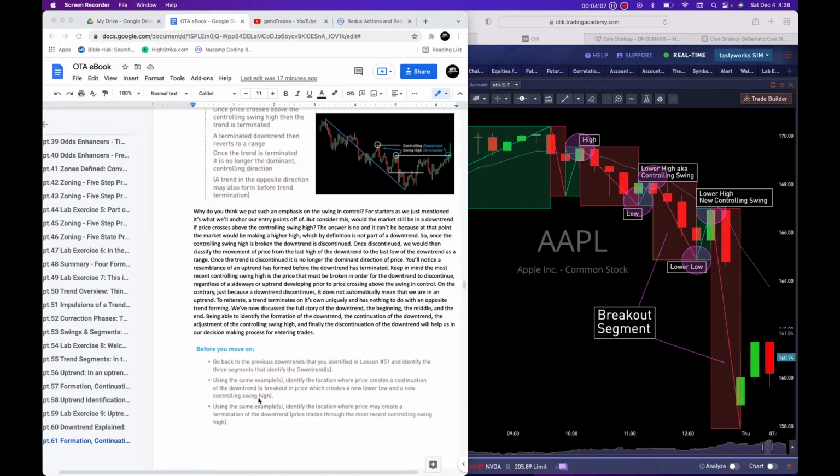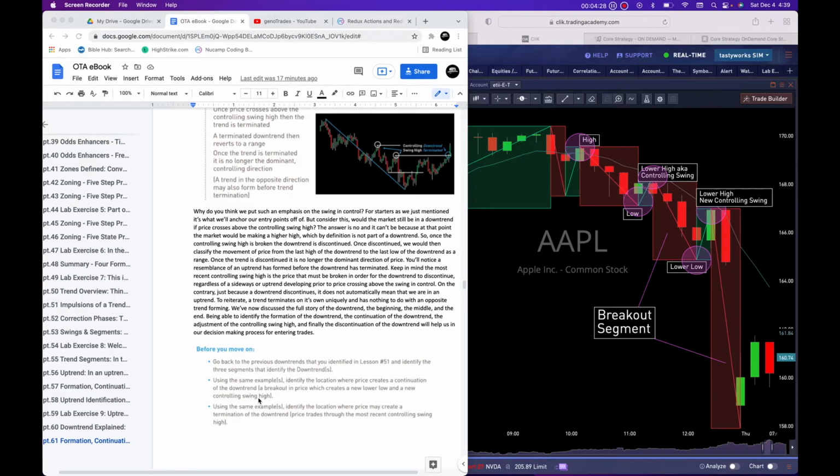the swing in control. On the contrary, just because a downtrend discontinues, it does not automatically mean that we are in an uptrend. So to reiterate, a trend terminates on its own uniquely and has nothing to do with an opposite trend forming.